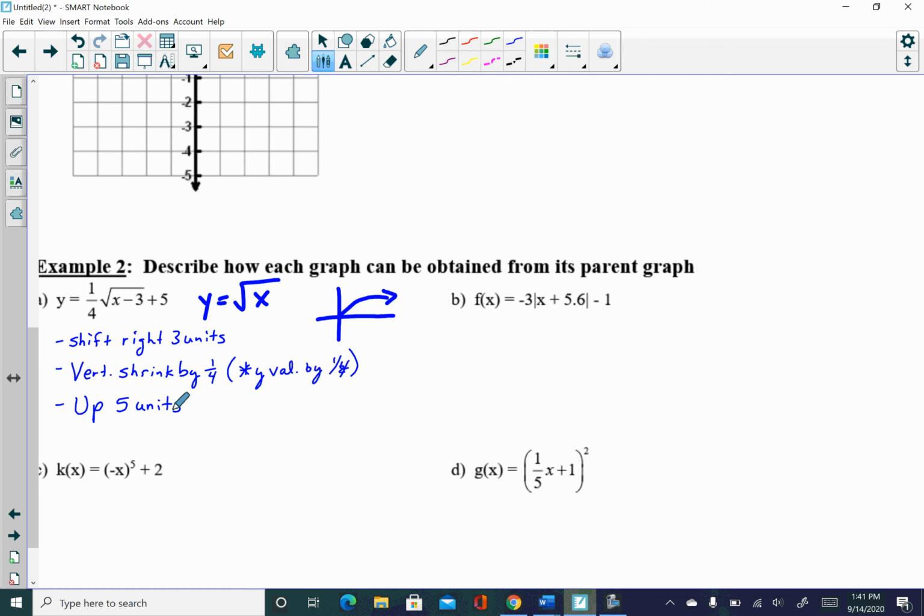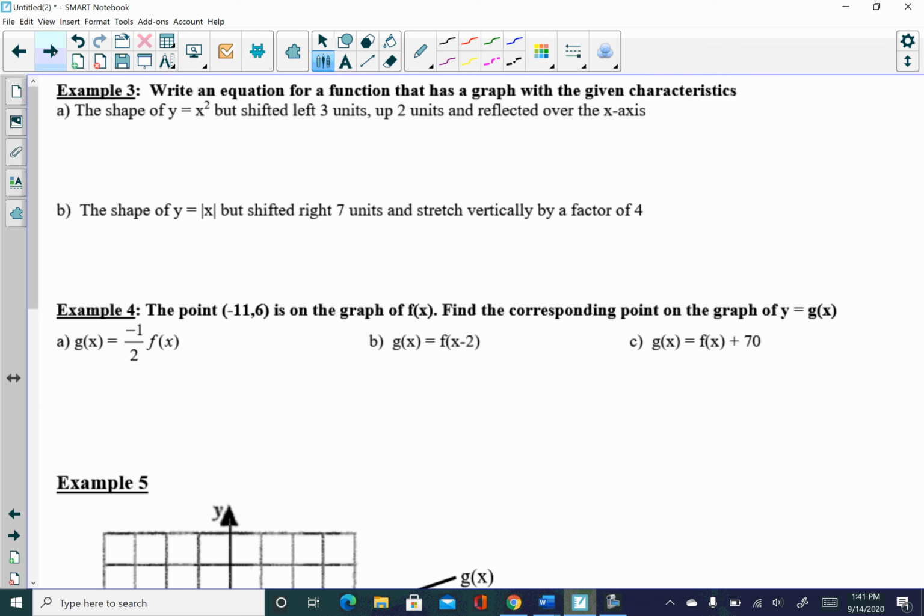Okay, so that's what we're looking for there. I think that the solution key is self-explanatory with those 3. So I'm going to move on over then to the next page.